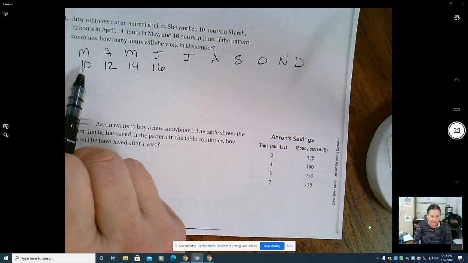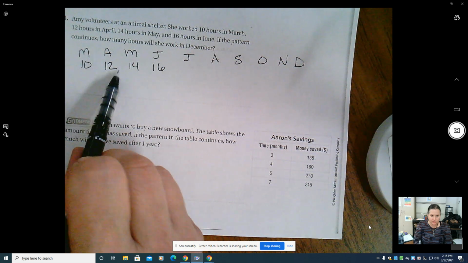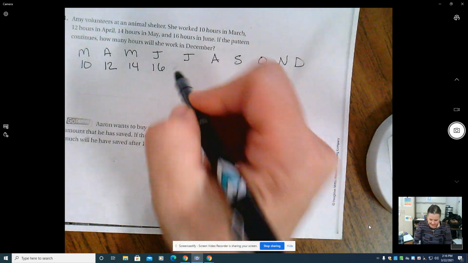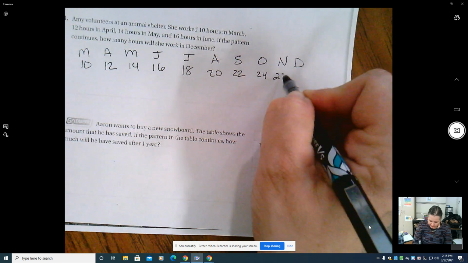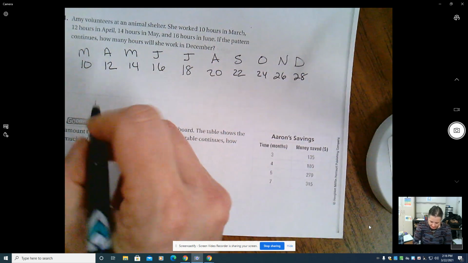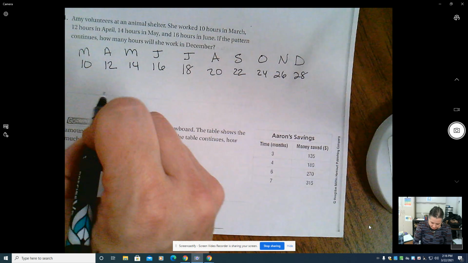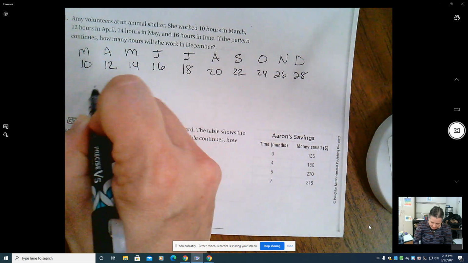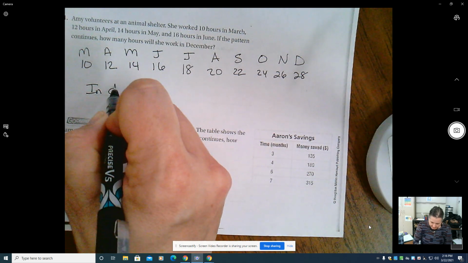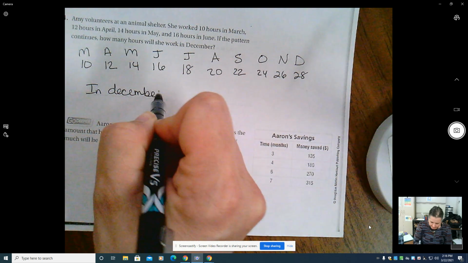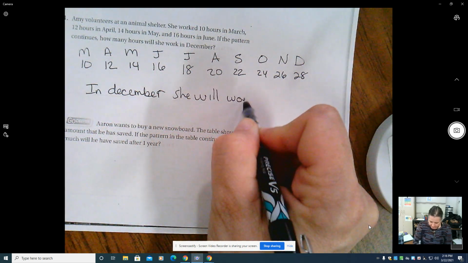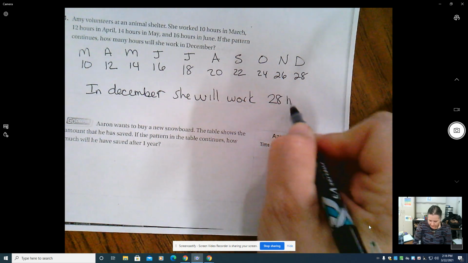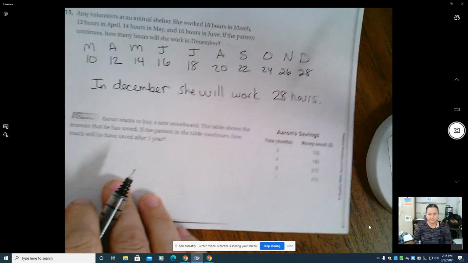So it looks here like you're counting by twos, 10, 12, 14, 16, 18, 20, 22, 24, 26, 28. So there will be, in December, she will work 28 hours.